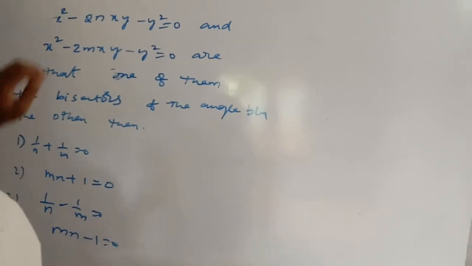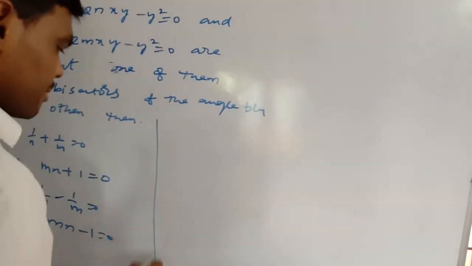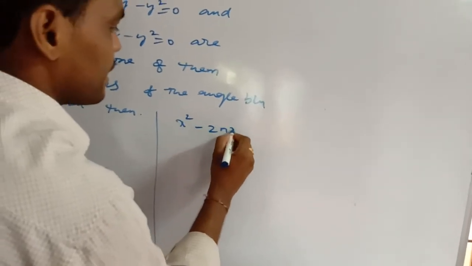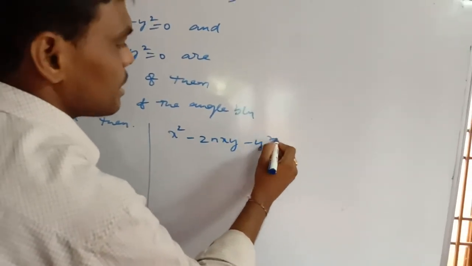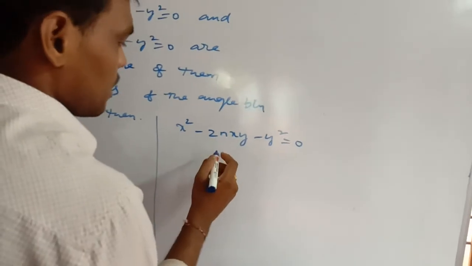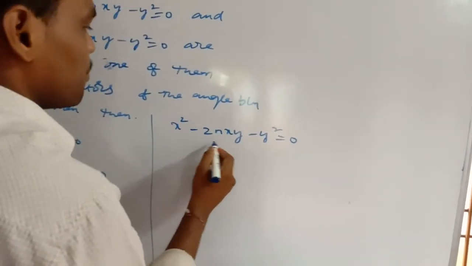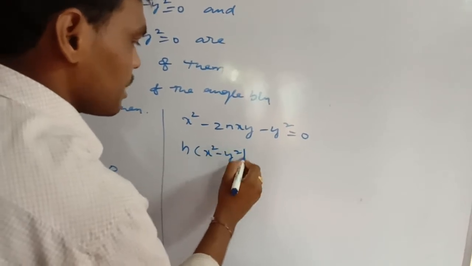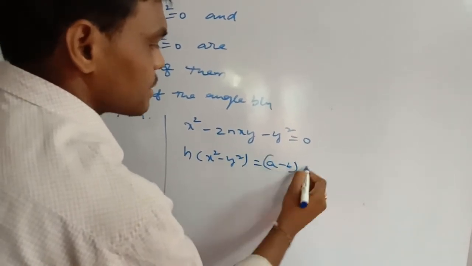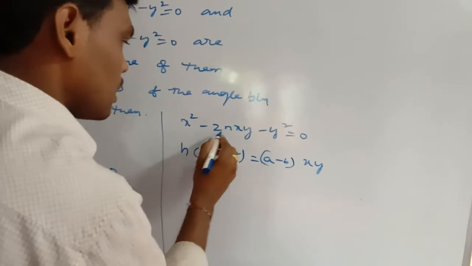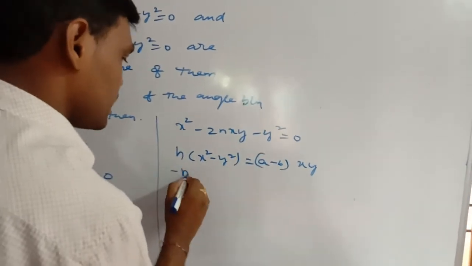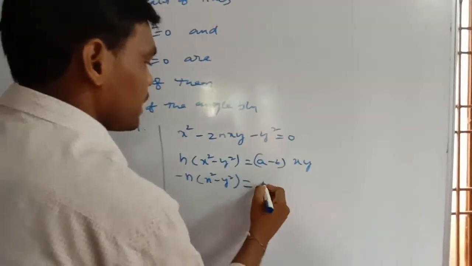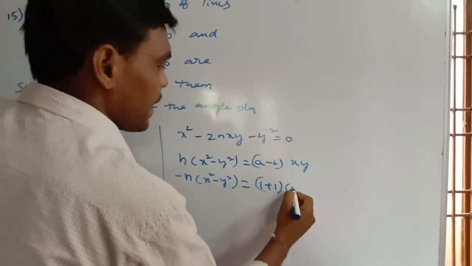Now see the two pairs of lines. The first one is x square minus 2nxy minus y square is equal to 0. This is the bisector of the pair of lines. That means h into x square minus y square is equal to a minus b into xy. Now here h is minus n, into x square minus y square is equal to a minus b, that is 1 plus 1, into xy.